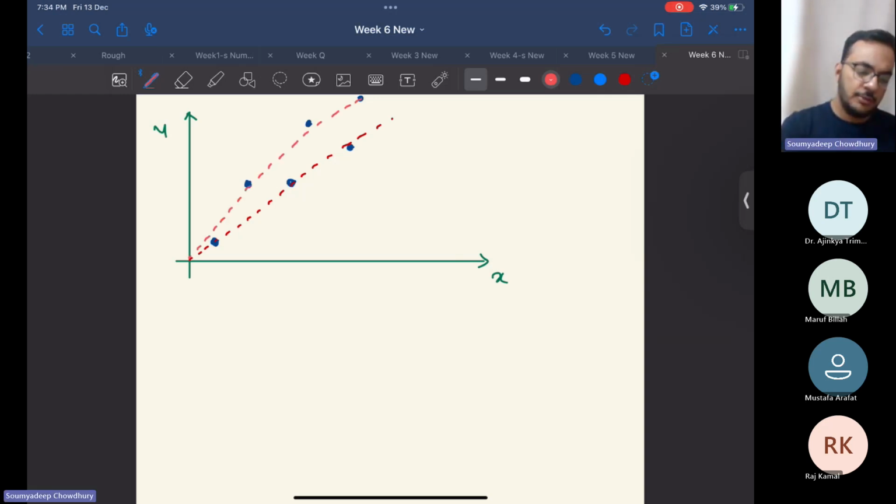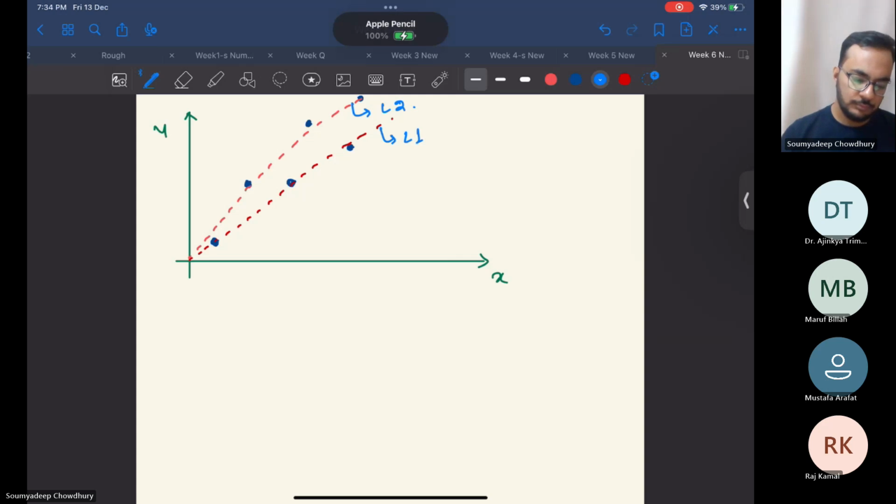So in this, if this is line 1 and this is line 2, which one is more accurate? Anyone? So line 1.